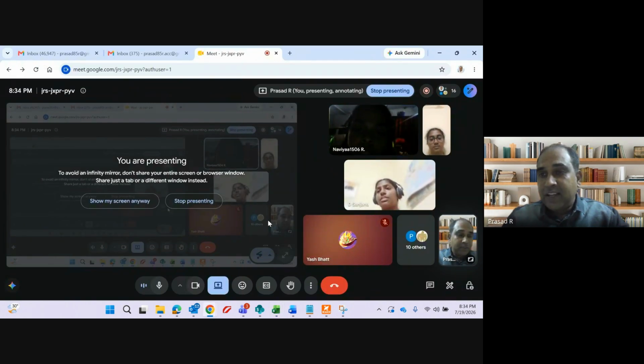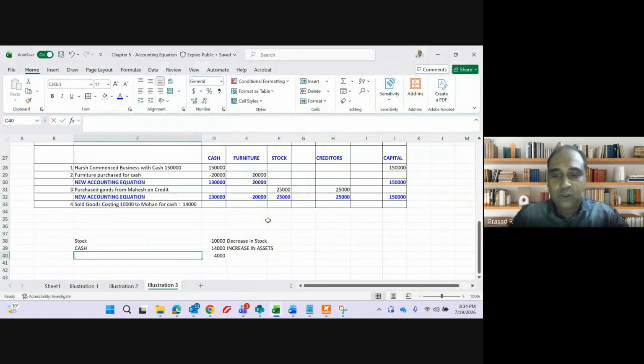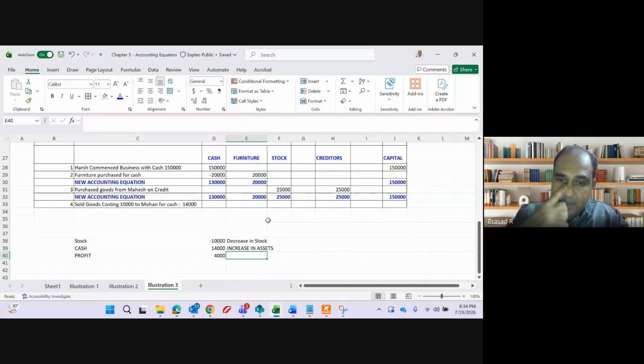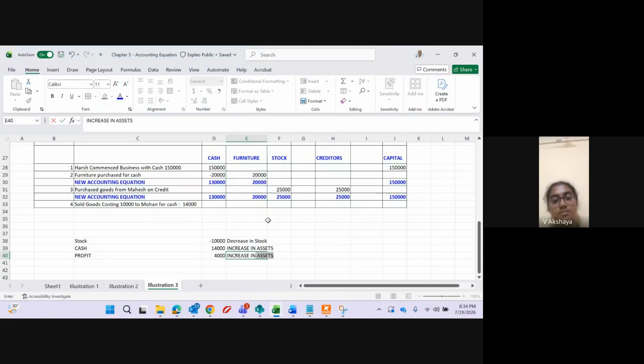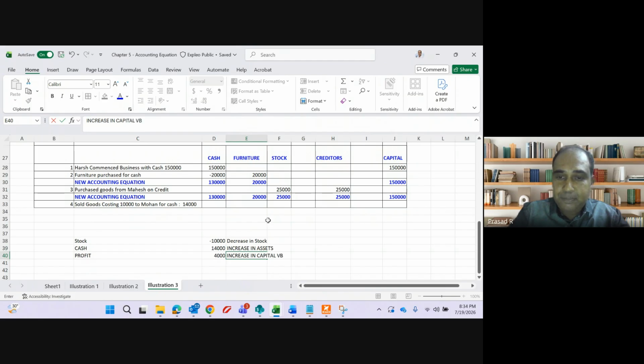It is called profit. Will profit increase my capital or decrease my capital? Increase in capital, because of profit. This is the concept, guys.